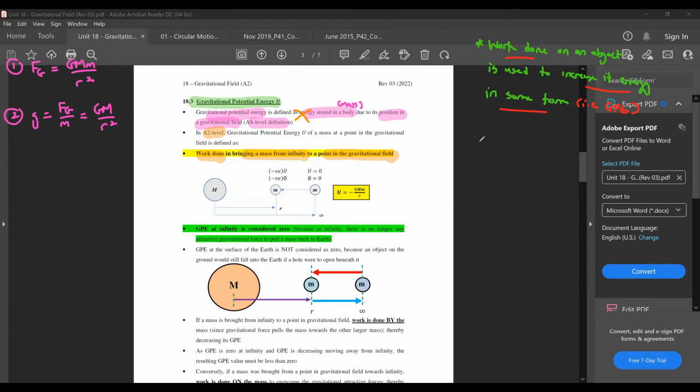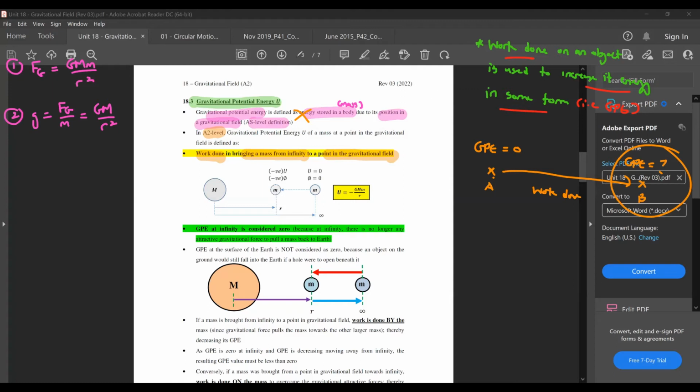If let's just say your GPE is 0 at one point, and let's just say at a random point A, and then after that you bring it from A to B, it involves work done. So whatever work that you do would end up being the GPE at this point here.